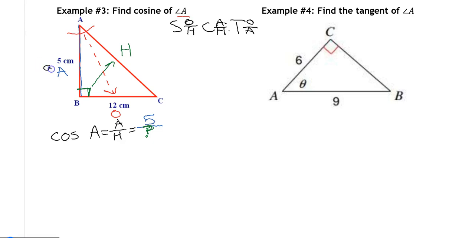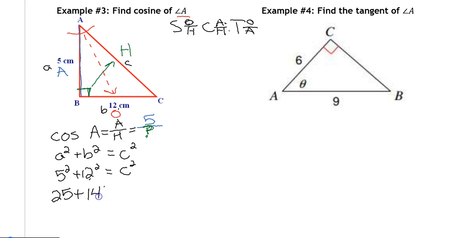So A we'll just keep as my A, B, and C. So we have A squared plus B squared equals C squared. A is 5, B is 12. C I don't know, so we'll just keep it as C squared. 5 squared is 25. 12 squared is 144. 25 plus 144, we get 169.